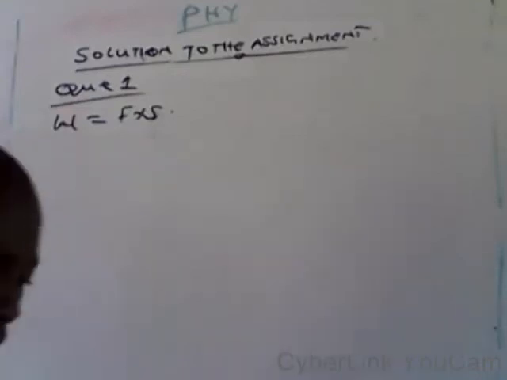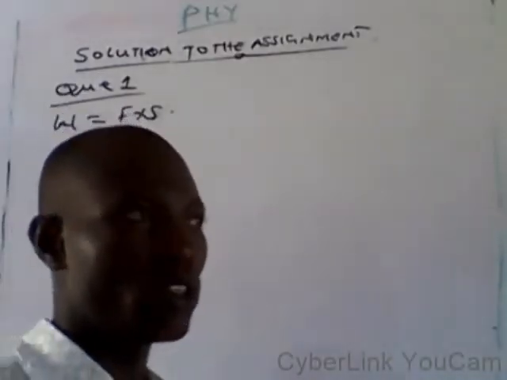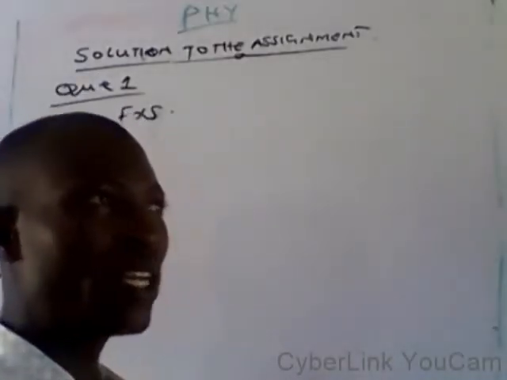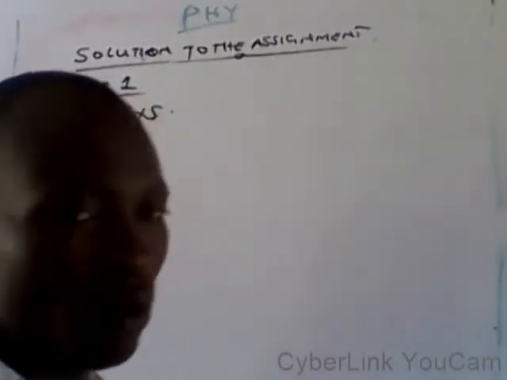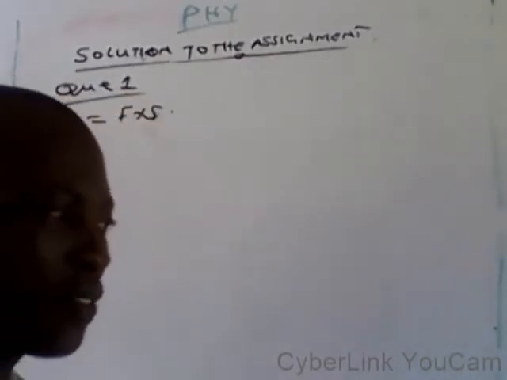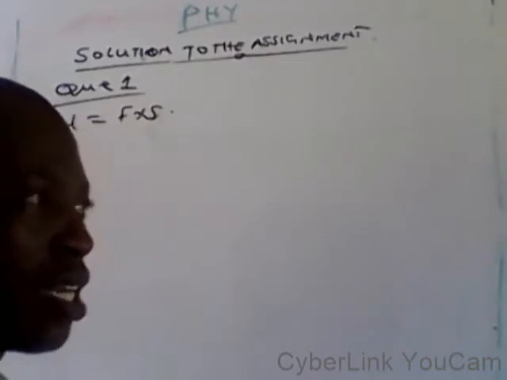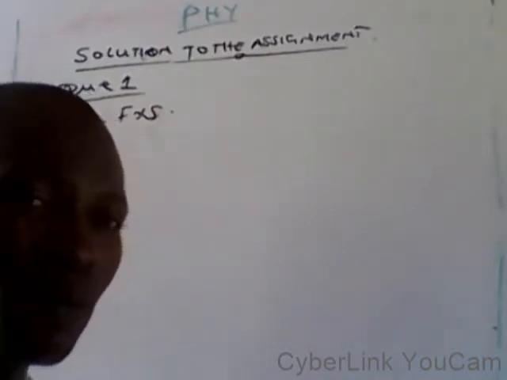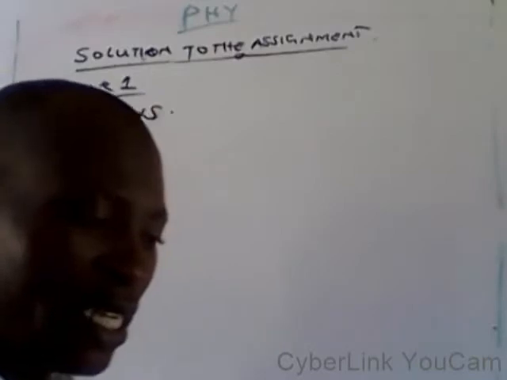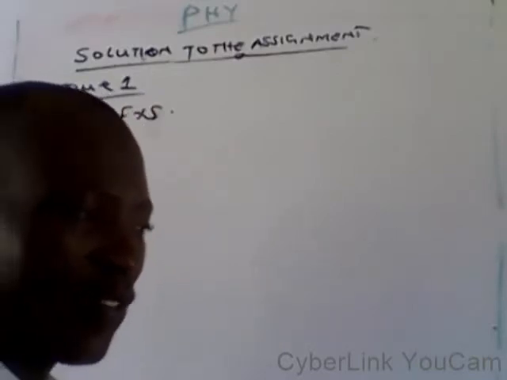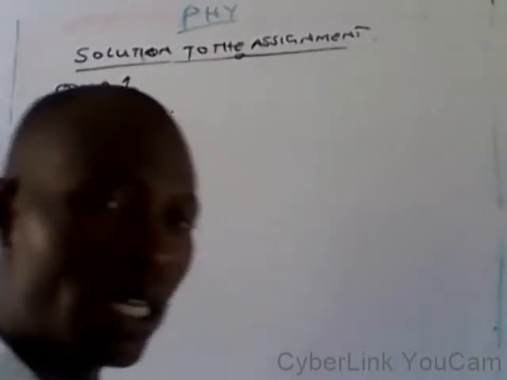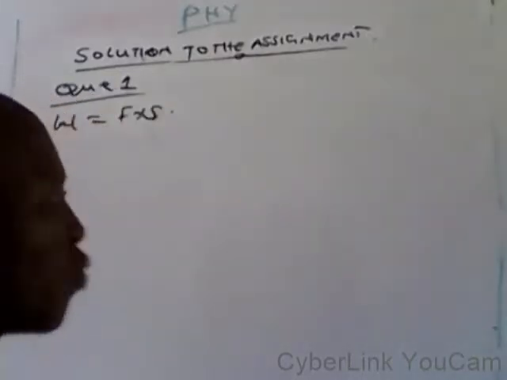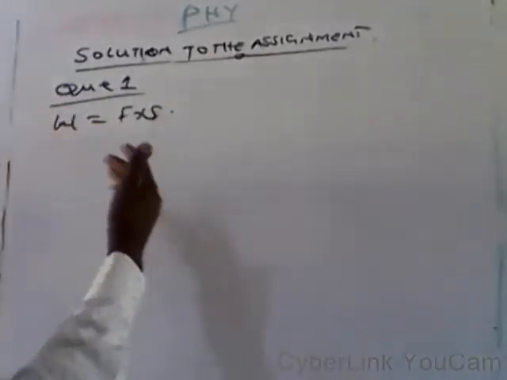That is, the application of force is parallel to the direction of motion of the body. For instance, I have a table in front of me and I'm pushing that table forward. The direction of my force is forward, so the table is also going to move in what? In that forward direction.